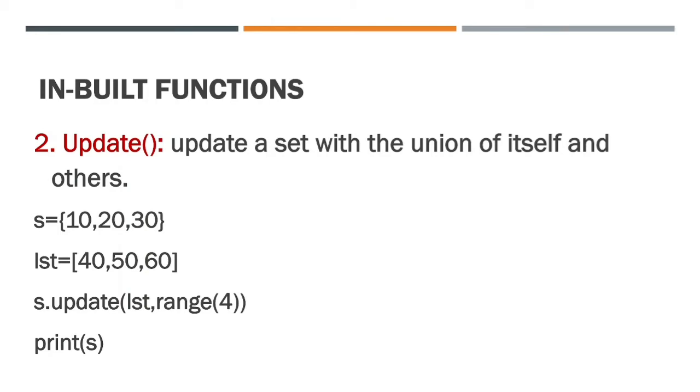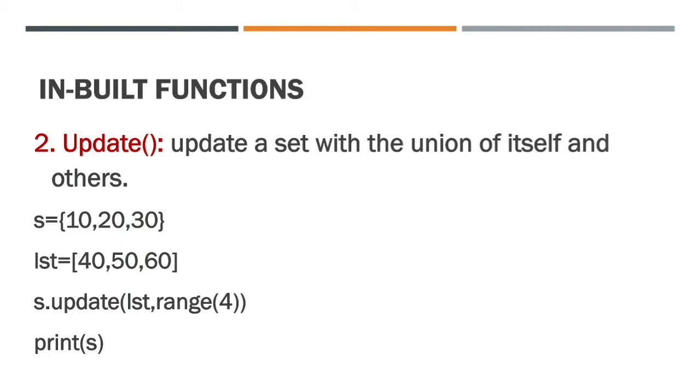The next method that we have is the update method, right? What this method does is it updates a set with the union of itself and the values, right? On your screen you have a set that is S, and you have a list which also has three elements. We called update on our object S, and in the parameter we have passed both the list over here and also a range that says 4.